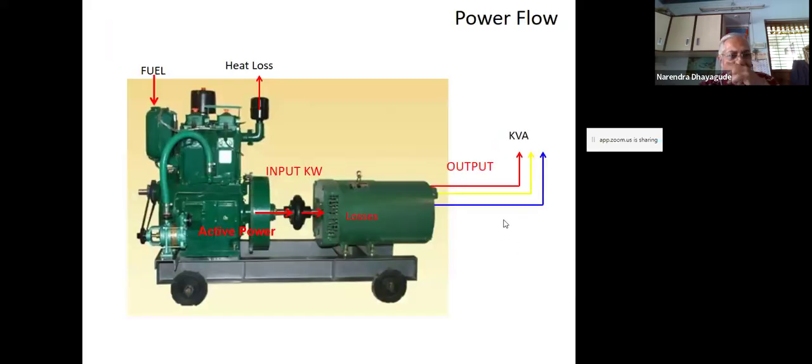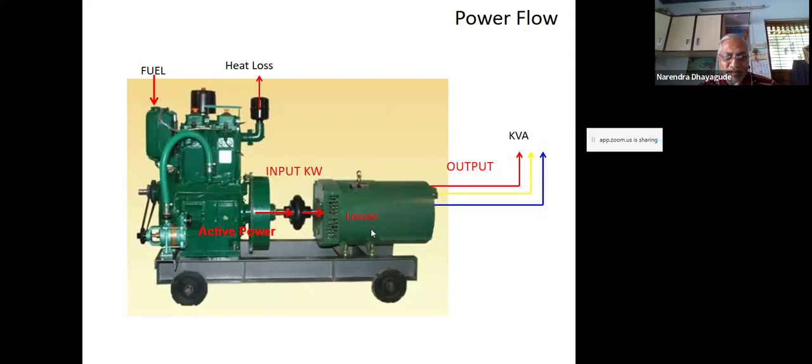Okay. Now this is a general power flow of a DG. Here there is a fuel input, which is chemical energy. Calorific diesel is the input. There is heat loss. This is active power. So this active power is the input kilowatt to the alternator.